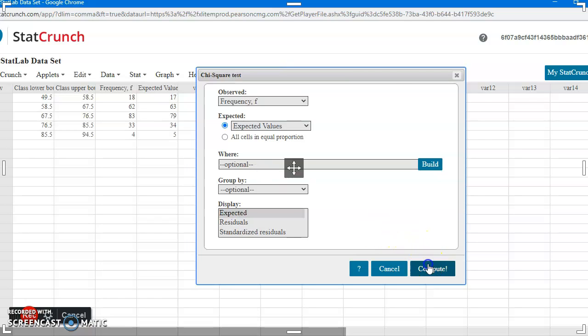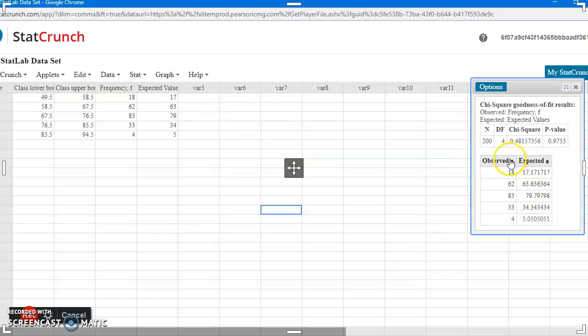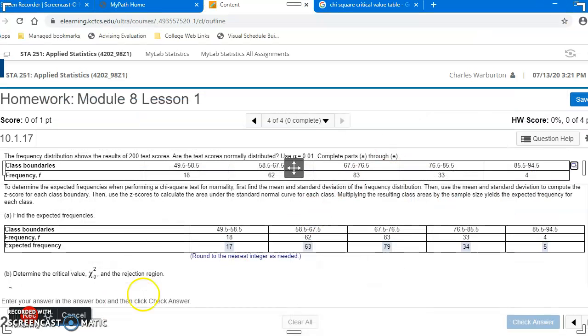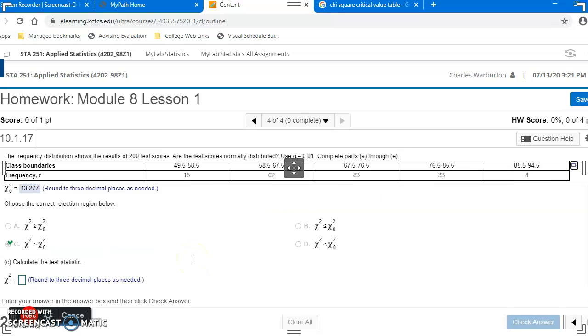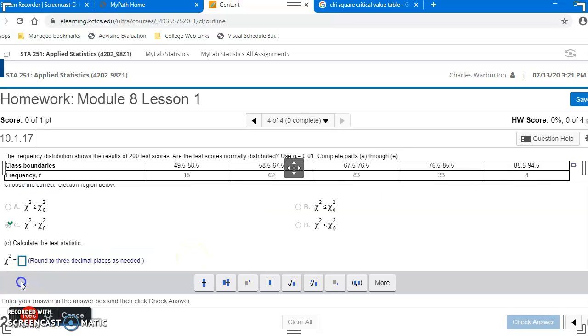Now we should be able to get a chi-square statistic. The chi-square statistic is 0.481, and so on. I'll copy that in case I need it. That tells me that's not very unusual. Round to 3 decimal places, so it needs to be a 2 there. Should be good.